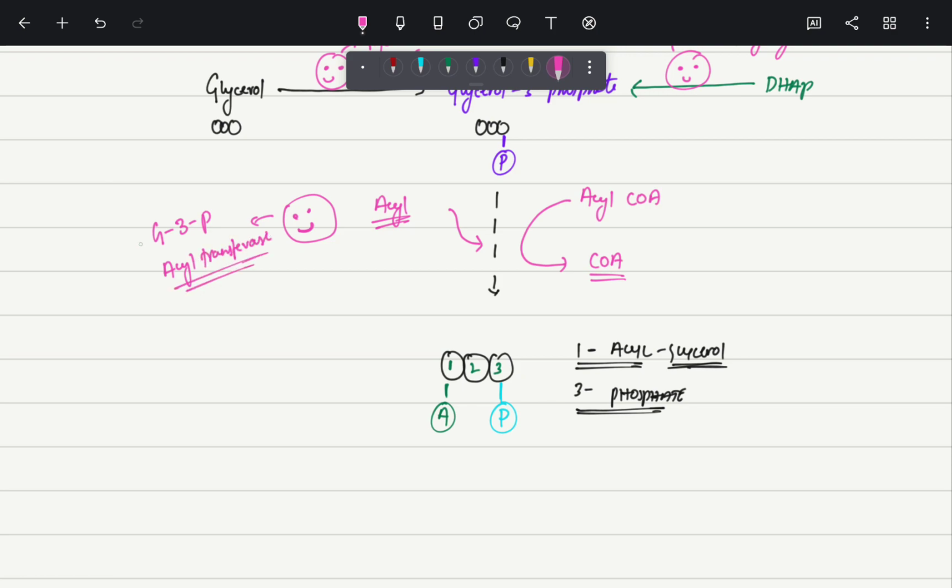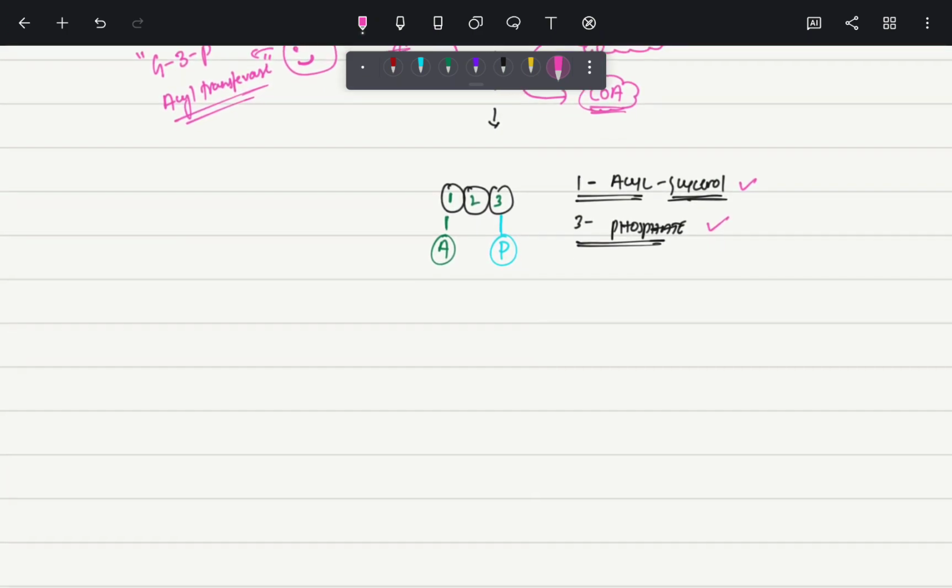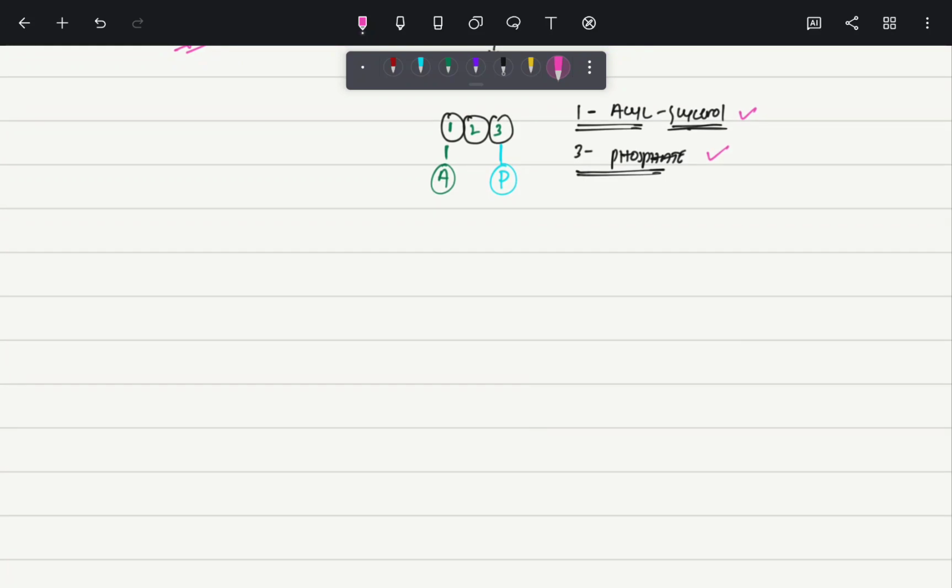Okay, so in simple words, glycerol 3-phosphate is getting converted into 1-acylglycerol 3-phosphate, and the enzyme which is doing this conversion is your glycerol 3-phosphate acyl transferase. It is transferring the acyl group to the glycerol 3-phosphate by enzymatic activity.